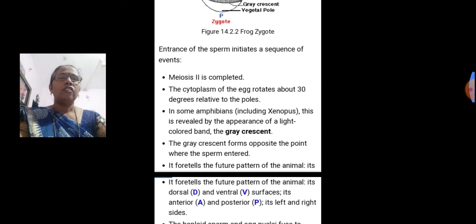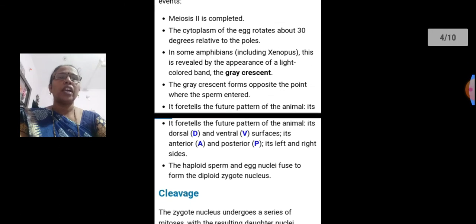It foretells the future pattern of the animal. Its dorsal surface is indicated by capital D, ventral by V, its anterior region is called A and posterior region is called P, along with its left and right sides.